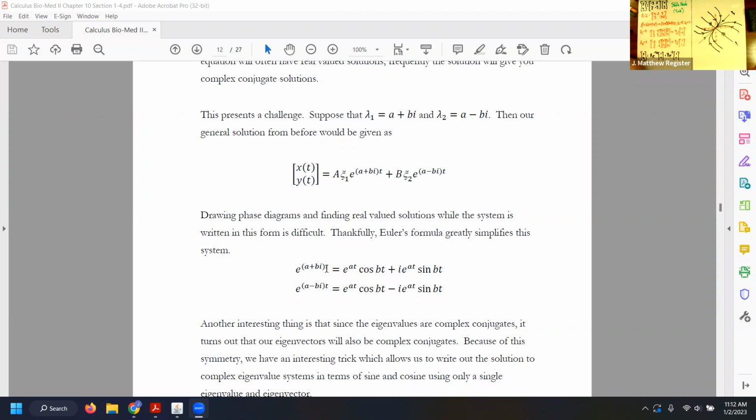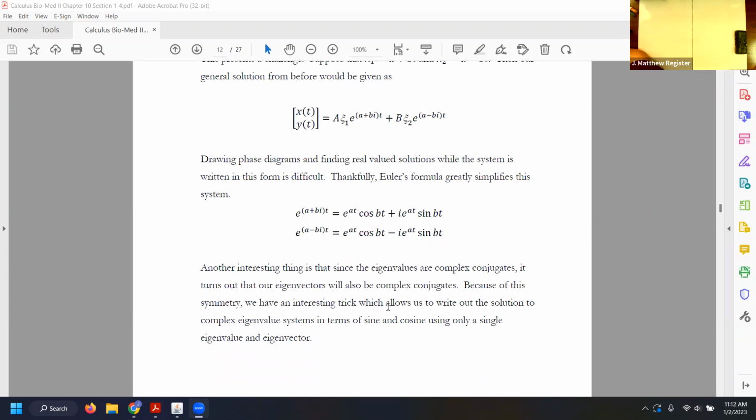If you recall, e to the (a plus bi)t is equal to e to the at cosine of bt plus i e to the at sine of bt. And that's something that you should have learned in trigonometry. I believe that's where we first explore complex numbers with exponentials involved.